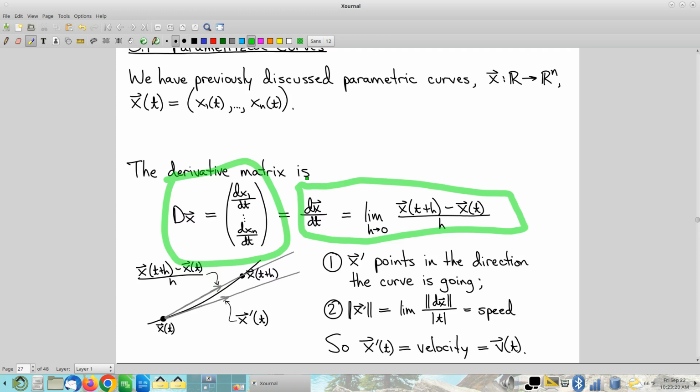So we have, you might say, a vector dx dt representing the classical single variable derivative. So that being the case, just notice these two things are the same. This derivative matrix is the same as the single variable derivative that we recall from long ago.